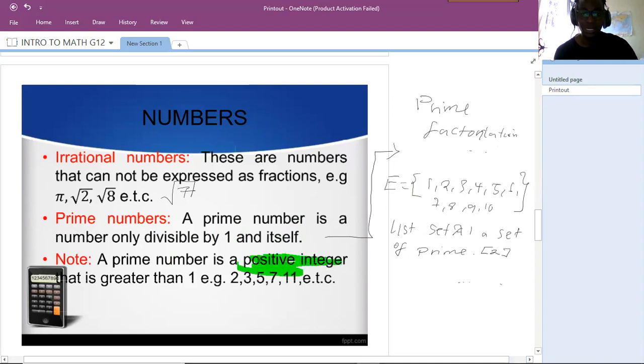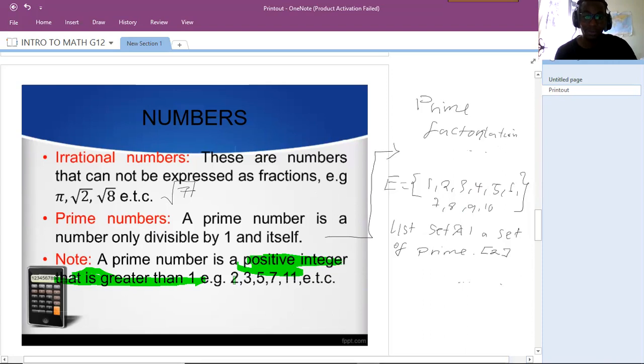It's a positive integer that is greater than 1. 1 is not a prime number because 1 is actually divisible by 1. So 1 is not a prime number. Prime numbers can only be divided by 1 and itself, and it's a positive integer that's greater than 1.